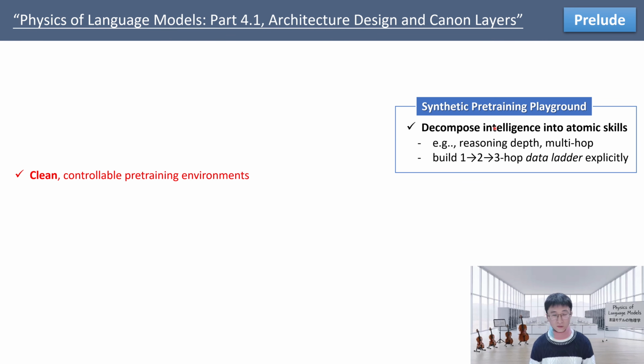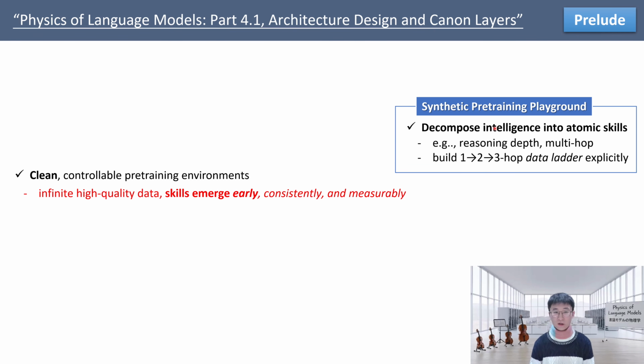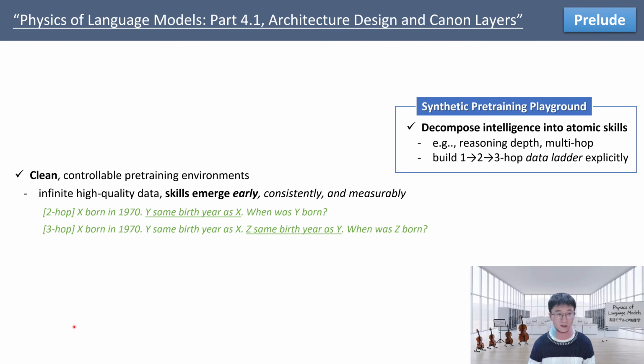So you can do very controllable experiments. And you can inject infinitely many high quality data to make sure that all the skills emerge early, consistently, and measurably. For instance, if you want to build 2-hop reasoning, you can inject as much data like this as possible. And if you want to build 3-hop reasoning, you can generate as much such data as possible.